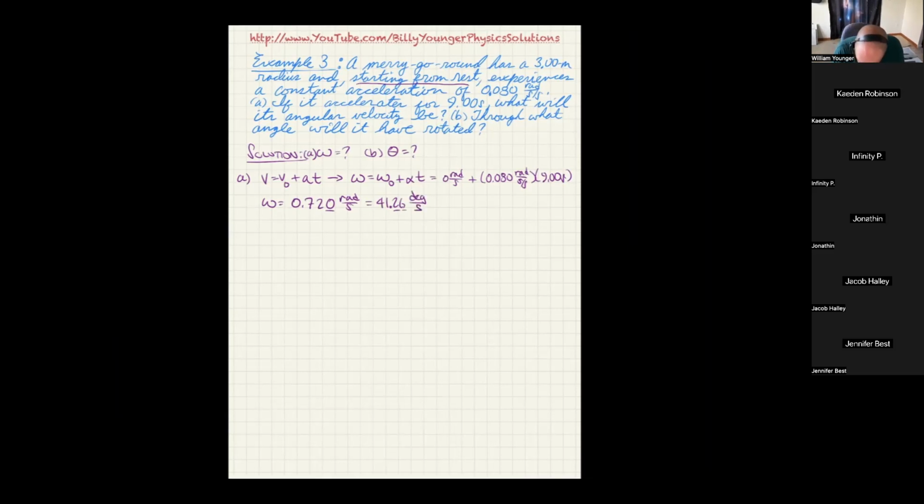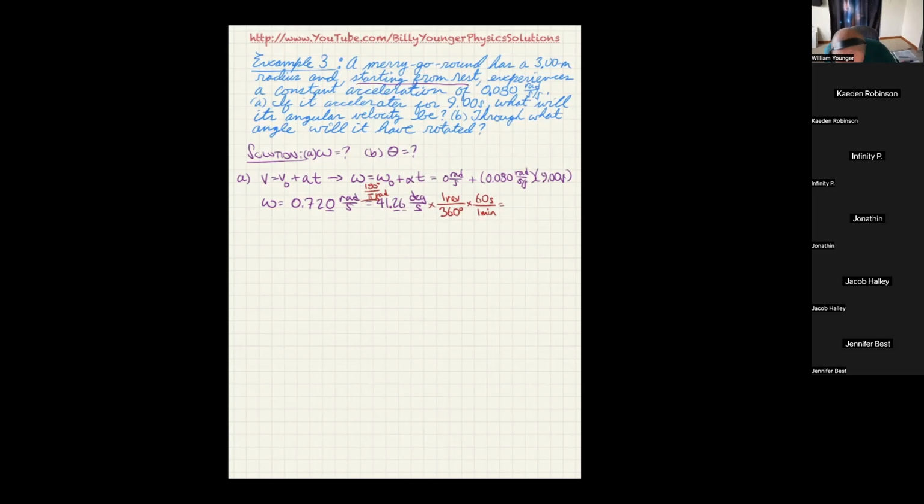A more common term would be revolutions per minute. So rather than putting equals there, I'm going to show you the work. This one was 180 degrees divided by pi radians, the conversion factor that got me there. Now I'll say that 360 degrees is equal to 1 revolution, and 60 seconds is equal to 1 minute, so we can get it out in revolutions per minute.